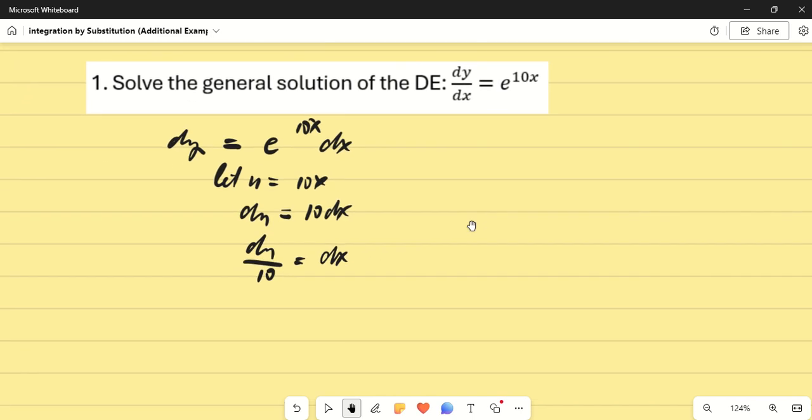Okay? So here we have your dy, and this is definitely equal to your e raised to u, because you need to replace your 10x with the arbitrary variable u. So you have your u here, and then your dx will now be replaced with your du all over 10.